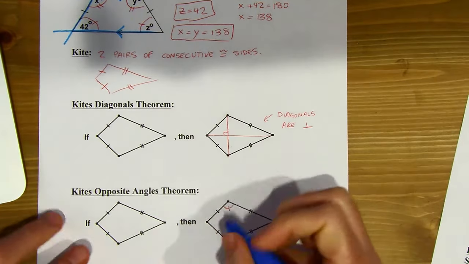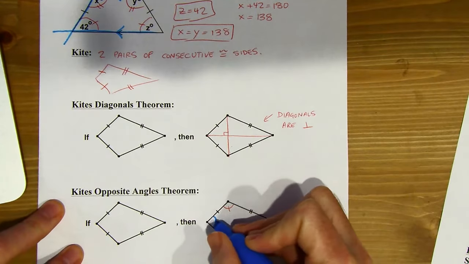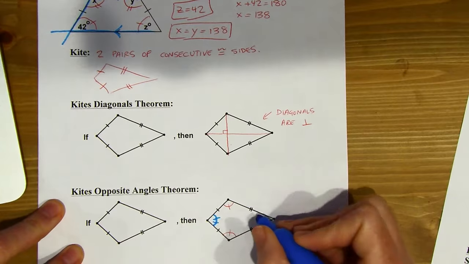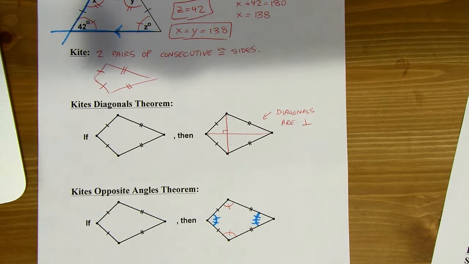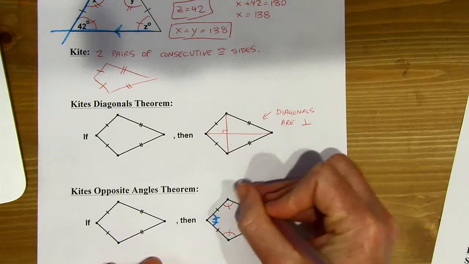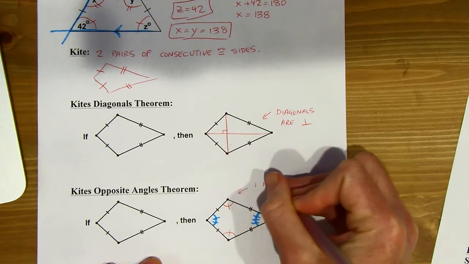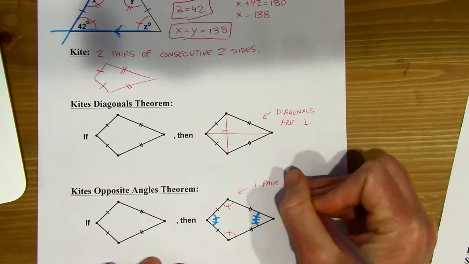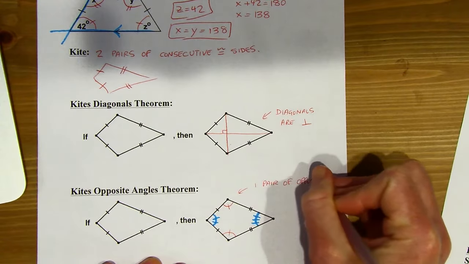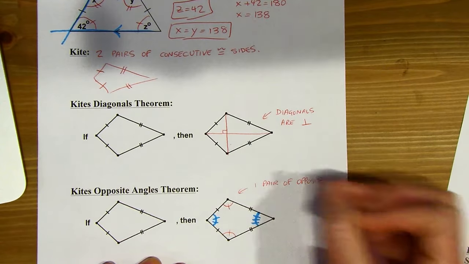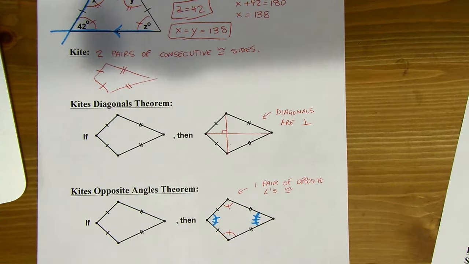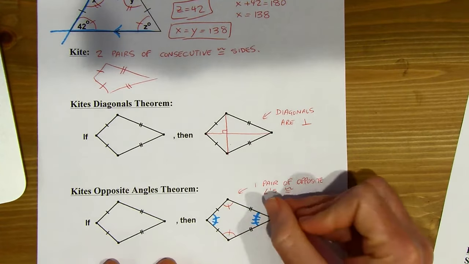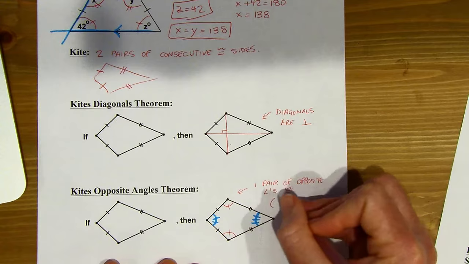I'll color code this, but notice I'm putting 2 dashes here and 1, 2, 3 dashes there. That pair is going to be non-congruent. So this is a little complicated, but this has one pair of opposite angles congruent, and it's going to be the angles included between the short and long sides.